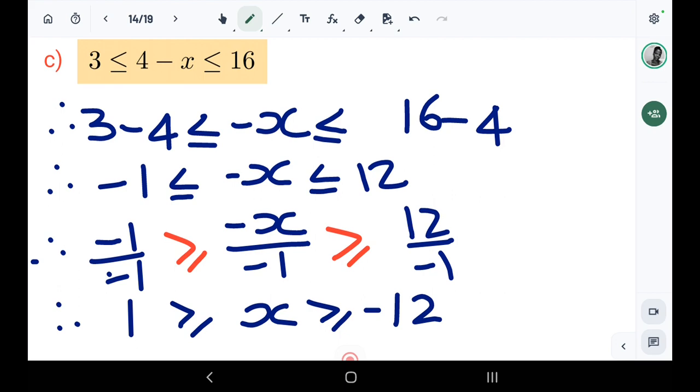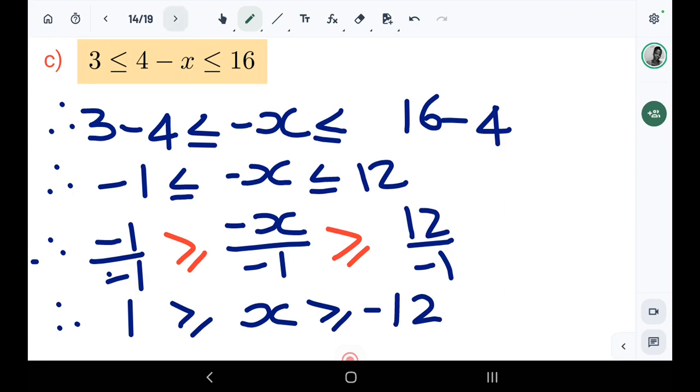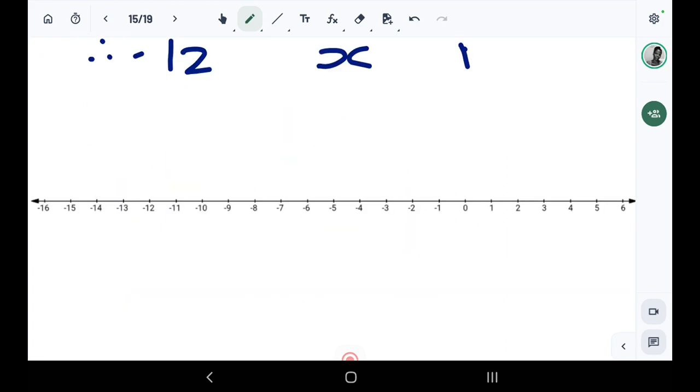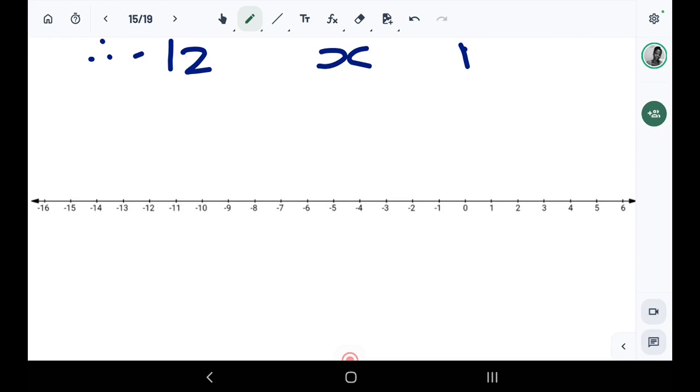Therefore, negative 12 on the left-hand side, x in the middle, and the other one, 1, on the right-hand side. And the inequalities also switch. Now, instead of greater than or equal to, they become less than or equal to. And that's how you solve that.